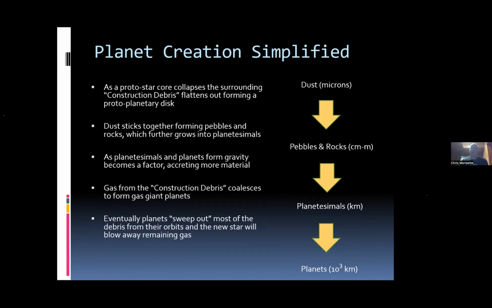Eventually, as these planets develop, their orbits get more defined, and they'll begin to sweep away any debris in their orbital path. When the new star begins to burn brightly in its main sequence phase, the radiation from that star will blow away and sweep out any remaining gas. That's how you're left with a solar system. Again, very simplified. There are several theories and models around this, but I just tried to summarize it as best I could. Right now we still have asteroids and other construction debris out there, but for the most part, it's not nearly as prevalent as it once was.